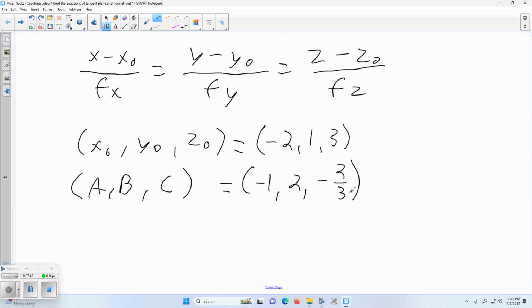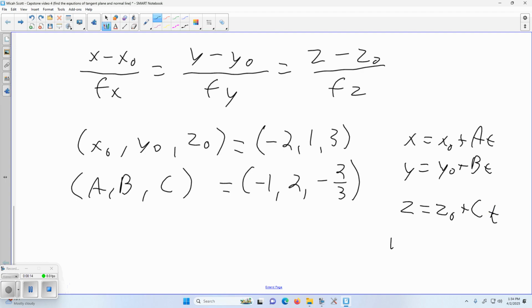And so we can find the equations of the normal line as such: x equals x0 plus a t, y equals y0 plus b times t, and z equals z0 plus c t, where t is a parameter.